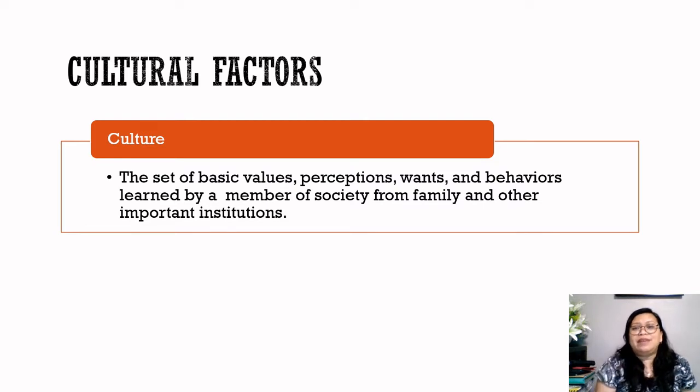It is the most basic cause of a person's wants and behavior. Social scientists have contended that human behavior is largely learned. A child in the Philippines, for example, normally learns or is exposed to the following values, like respect for elders, hard work, the value of family, among many others.